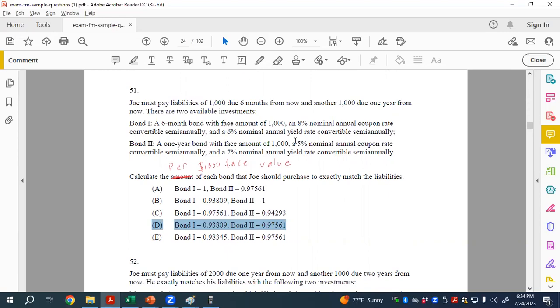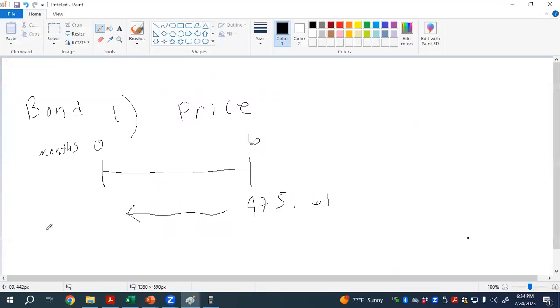So it's 6% nominal semi-annual yield rate. So we price this using 3%, 6% divided by 2. Actual 6-month interest rate is 0.06 over 2, which is 3%. Okay. So yeah, 975.61. And I'll just write it like this.